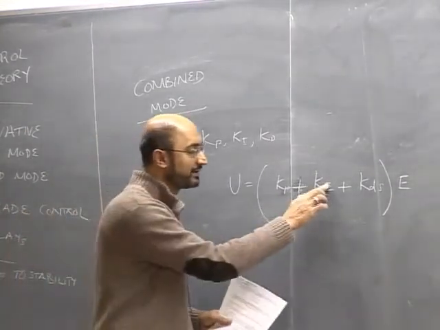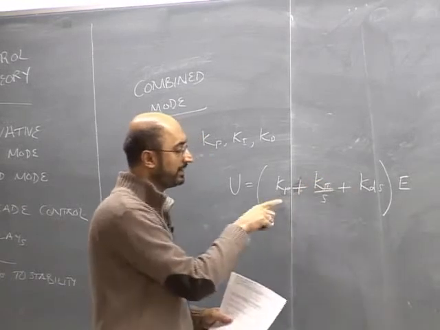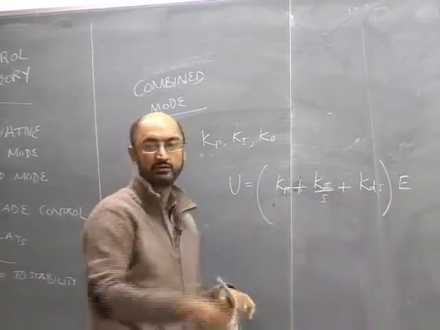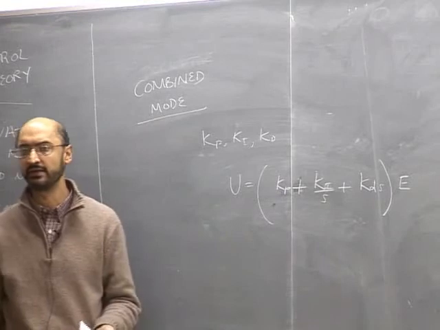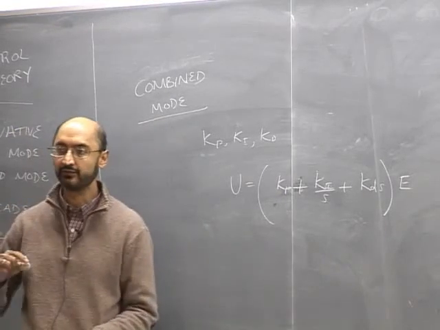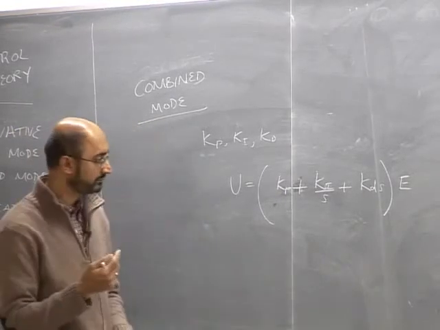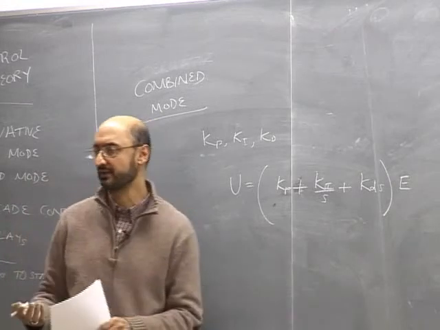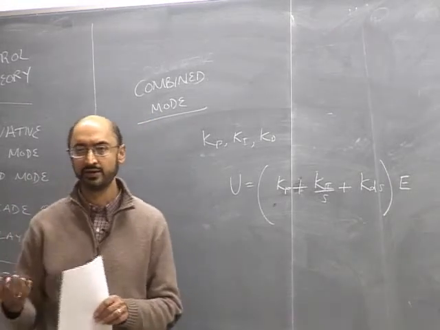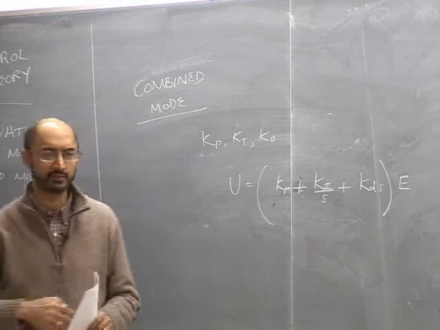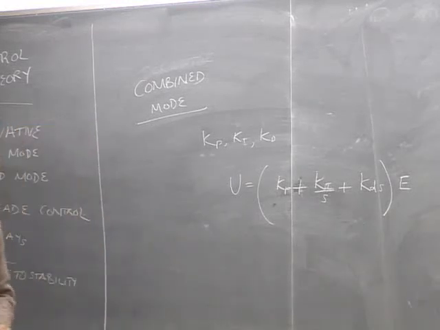And then Kp only acts if the error is non-zero. If there's no error, Kp is not going to have any control action at all. The Ki works on accumulated error, so if there's any accumulated error left over, then Ki is going to get rid of that.